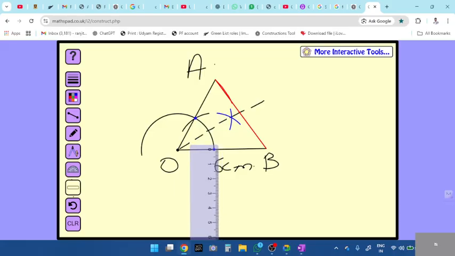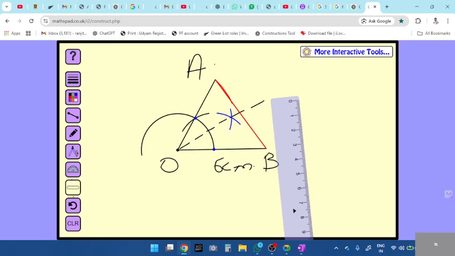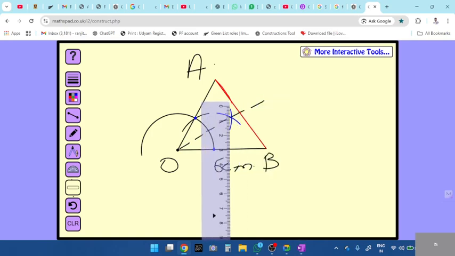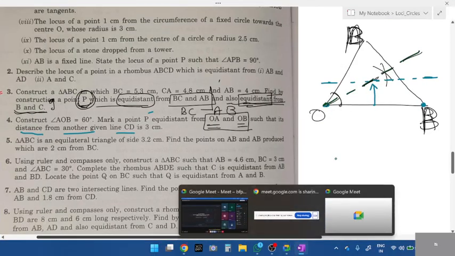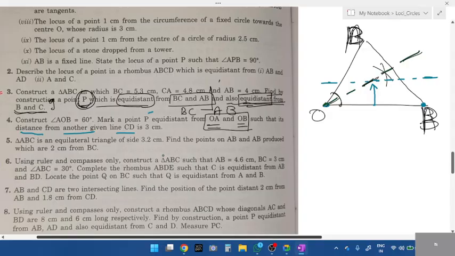Just a minute. 3 centimeters. See, it should be like this. 3. One minute. Such that its distance from another given line. This P is at a distance from another given line CD. Why is CD given?